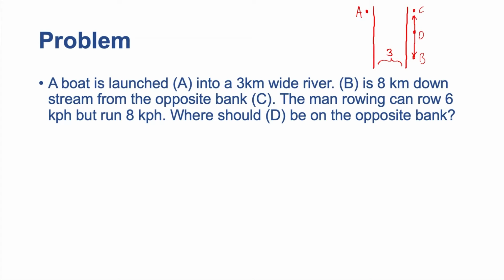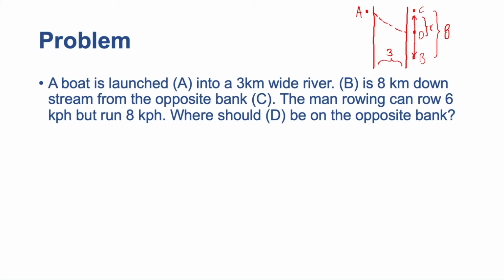We'll call the distance between C and D x, because that's going to be variable. Then we already know that the distance here is 8. We want to figure out where we should put point D so that we can go as quick as possible. And in this problem, we should probably be assuming that the flow of the river is negligible compared to the speed that he can row at.